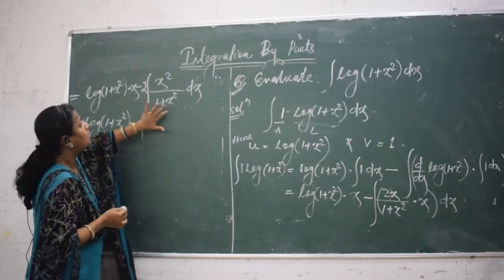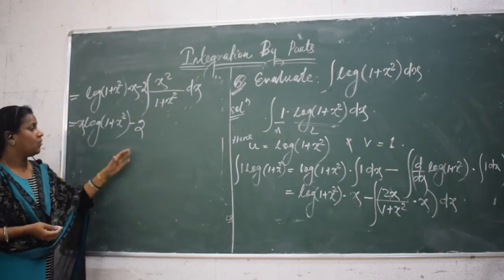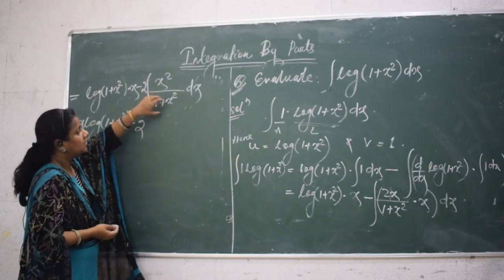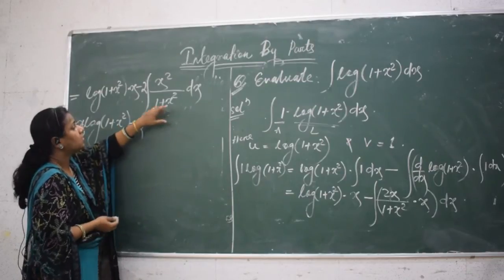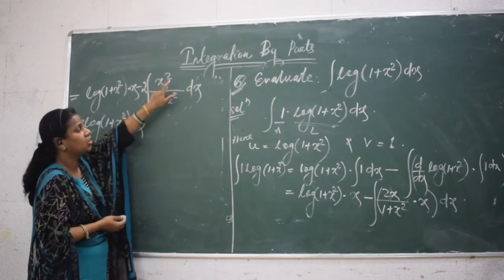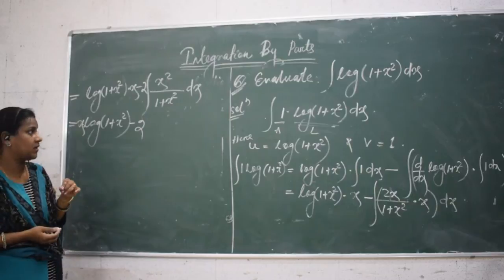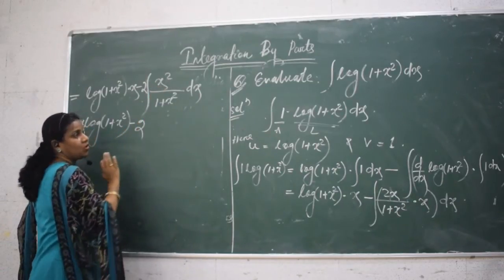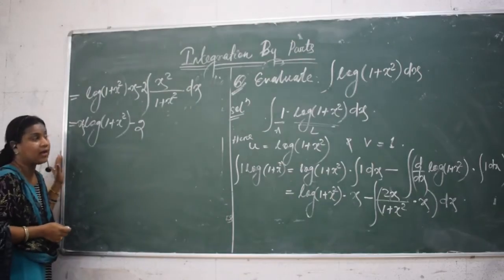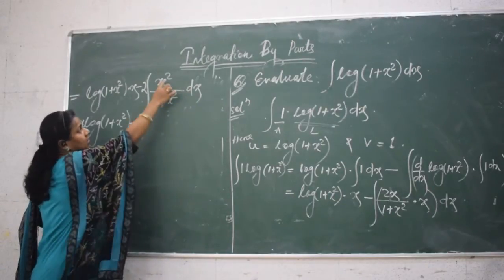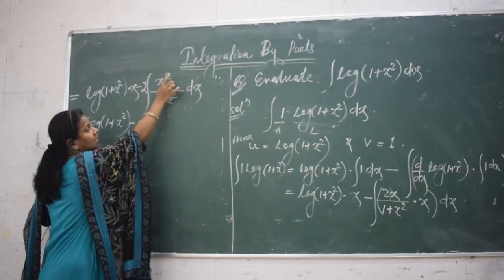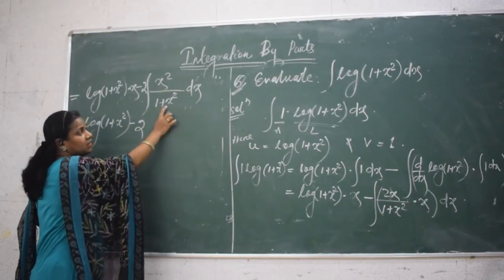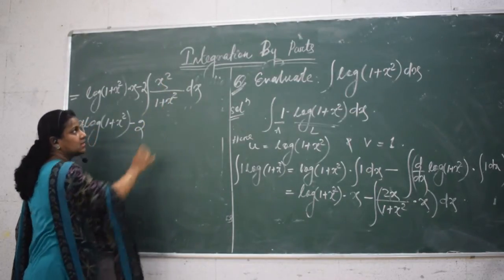So here how to do the integration? One formula you know: if the derivative of the denominator is present in the numerator, then it is ln f of x. But here the derivative is not x square, so you cannot apply that formula. So what will we do here? Here you see that the degree of x is 2 in the numerator, and in the denominator also the degree is 2.